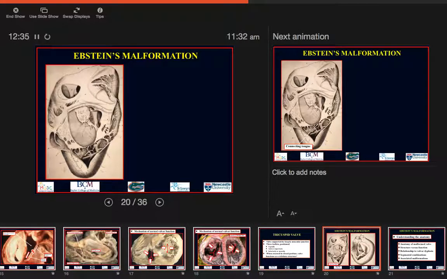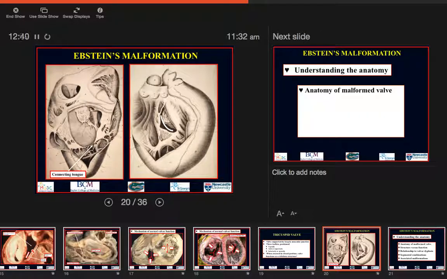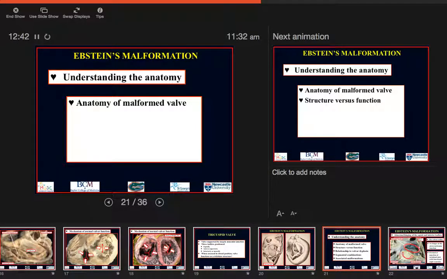So let's return to Ebstein's malformation and let's look at the significance of these findings. If we are to understand the anatomy of the malformed valve, we need to take note of structure versus function.